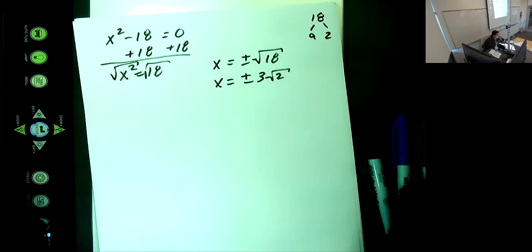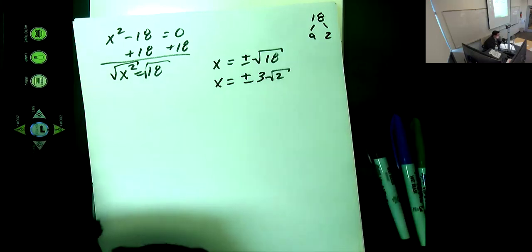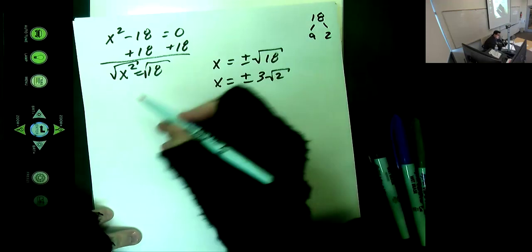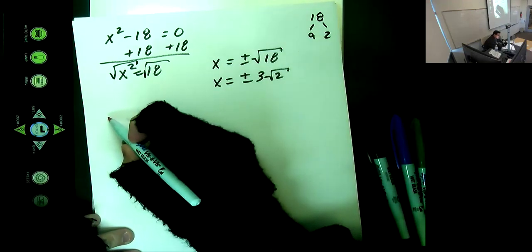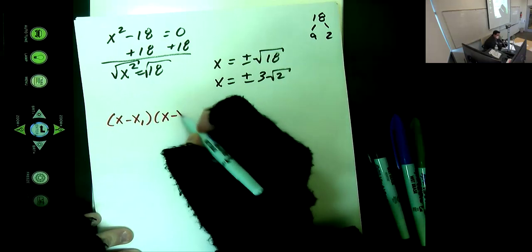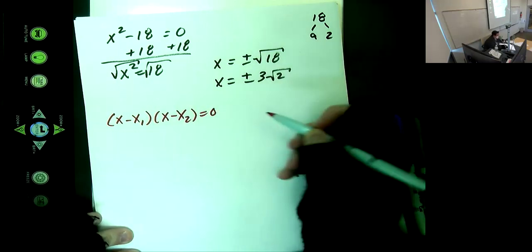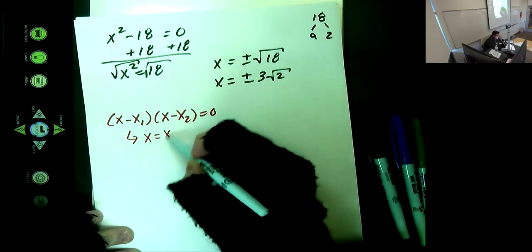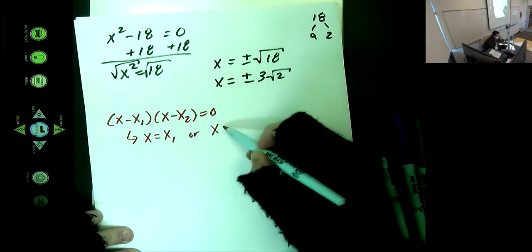Now, interestingly enough, this does show that it is factorable. But let's look at how it works. If we had something where we had x minus x1 and x minus x2 equals 0, we would see in the factored form that x equals x1 or x equals x2.